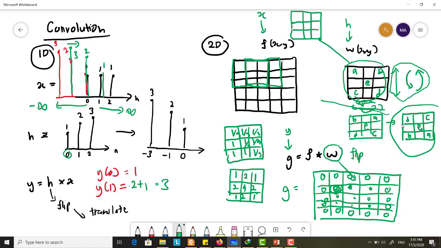Okay, so that is the history behind the two-dimensional operation, where it has actually been implemented in signal processing, image processing, as well as deep learning, where when they apply it in deep learning, they call it a convolutional neural network.